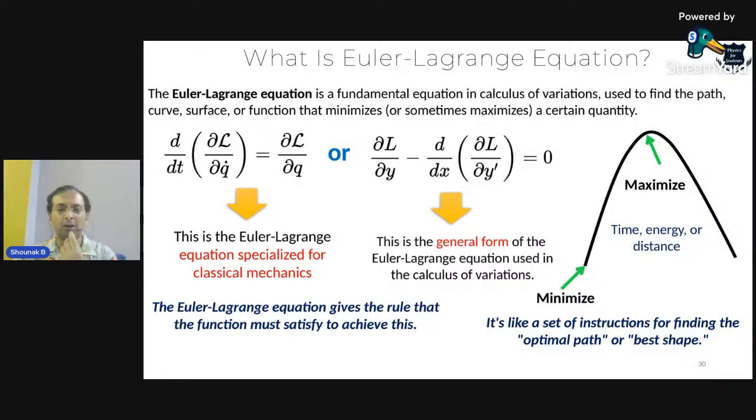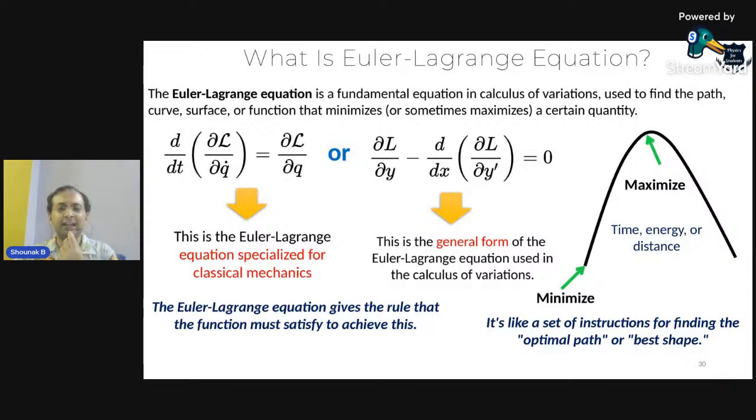So overall, what we can say in general, is that if you are trying to minimize or maximize a quantity, for example, time or energy, that depends on the shape of a curve or the behavior of a function, the Euler Lagrange equation gives us the rule that the function must satisfy to achieve this.